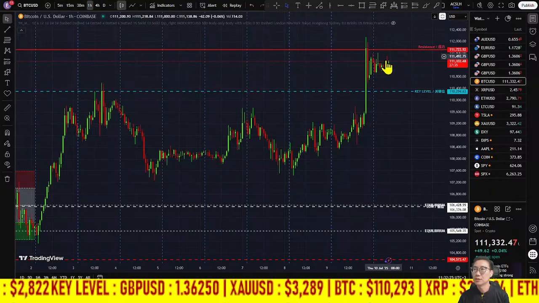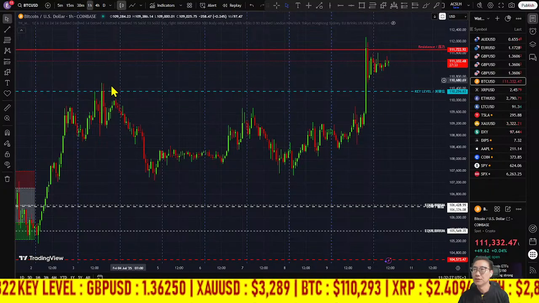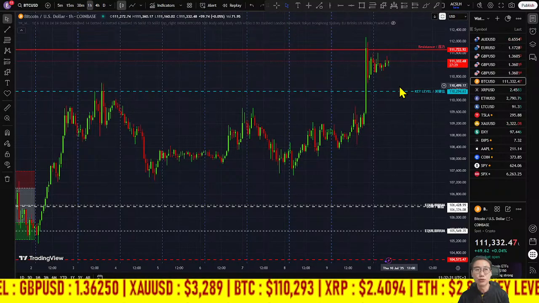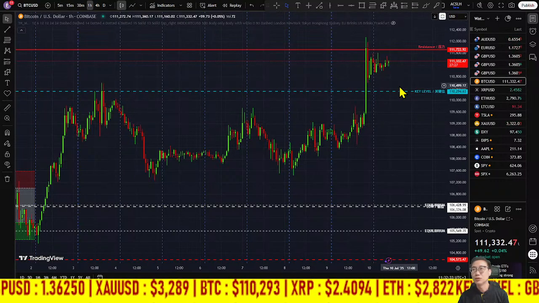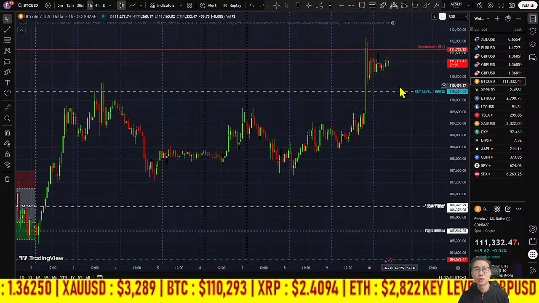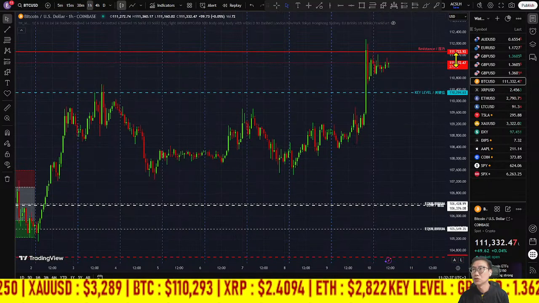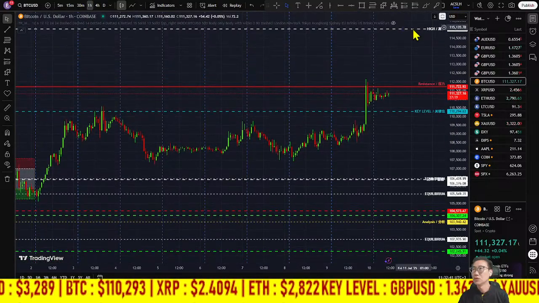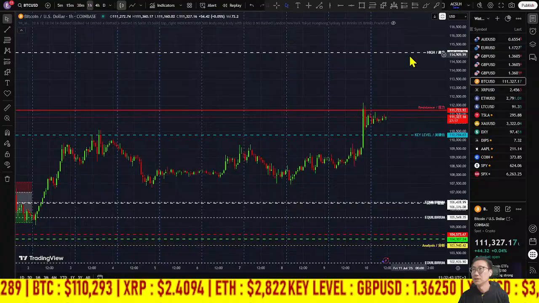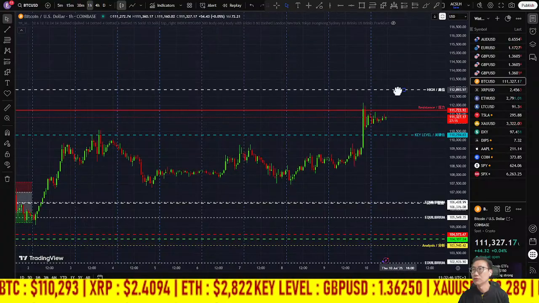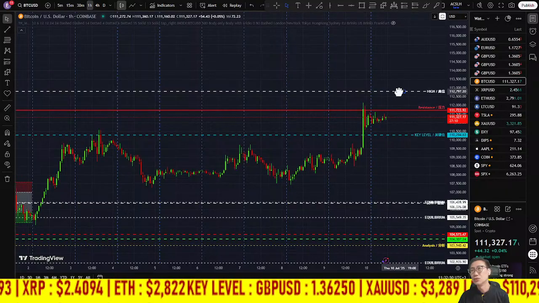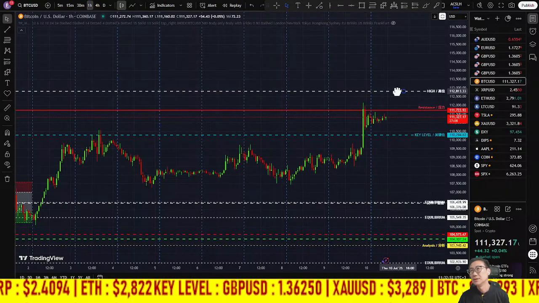If the price is going to hold above this area, then we are likely to see another push. There will be another push to about 112, maybe 112,800 to 112,900. Wow, it seems like it's going to push for 112,800 maybe.